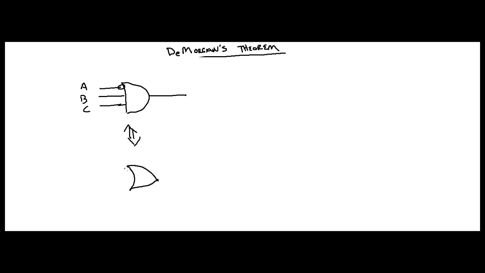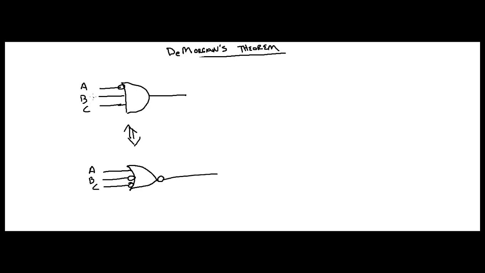Let's do the inputs first. Inputs, you're going to have not inverted, then an inverted, and then an inverted. This is A, B, C, and your output is going to be inverted. Get it? There is your gate. You could have 5, 6, 7 inputs.